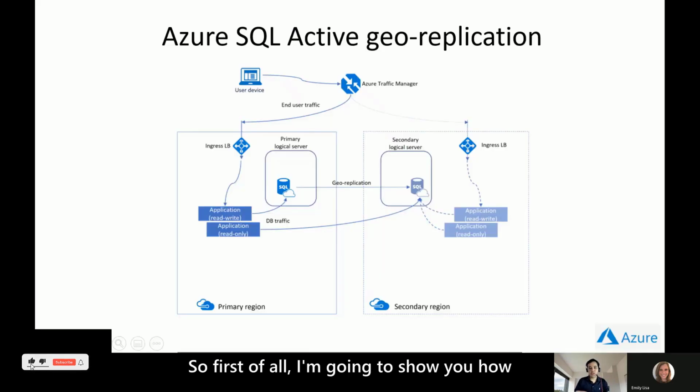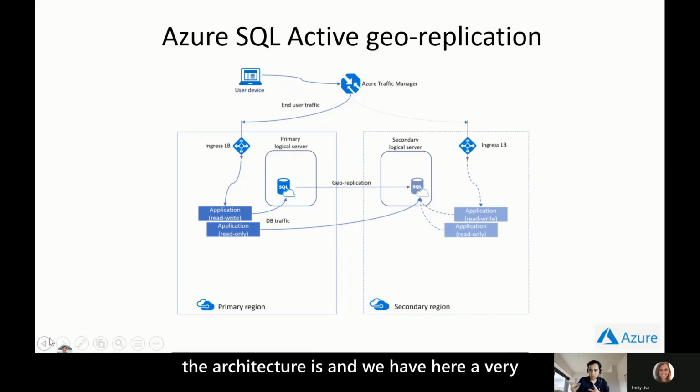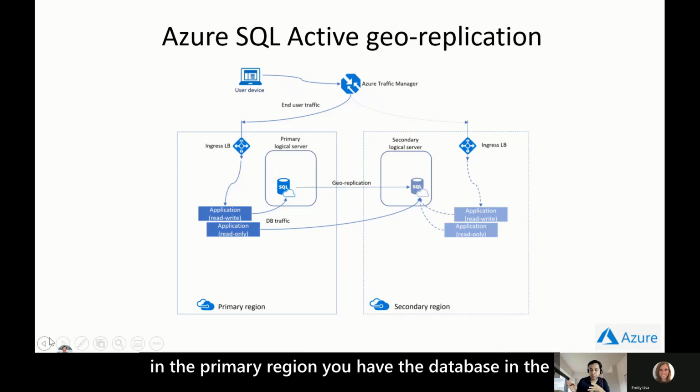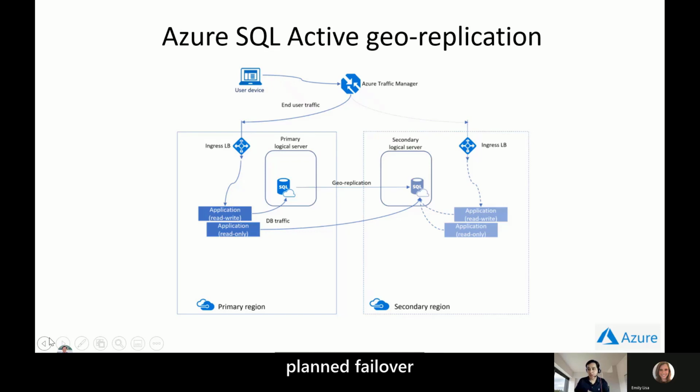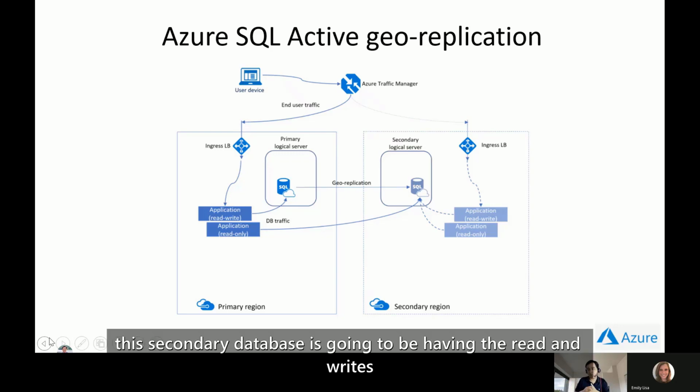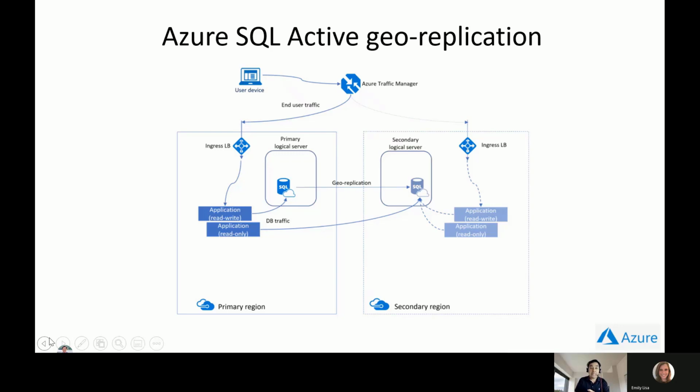So first of all, I'm going to show you how the architecture is, and we have here a very simple level architecture about GeoDR. And as you can see, in the primary region, you have the database on the left and you have reads and writes. In the moment we have a disaster or you want to do a planned failover, the traffic of the users is going to be changed to the secondary region, and this secondary database is going to be having the reads and writes.